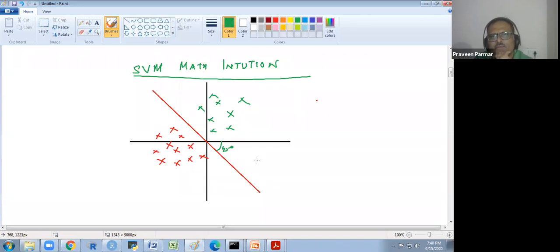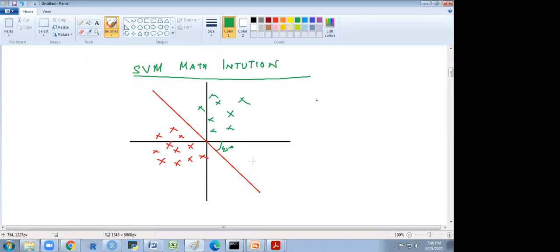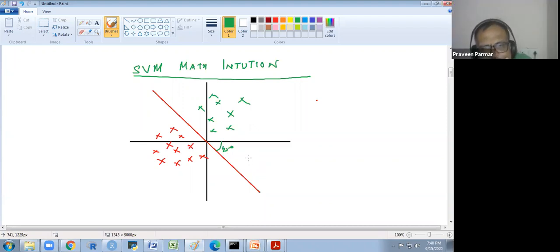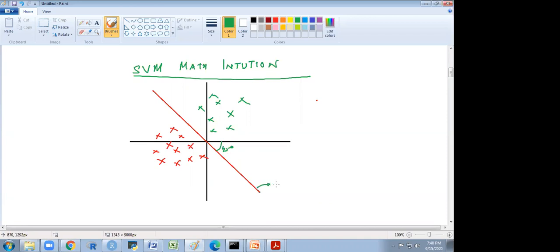Can someone tell me the slope of this line? Minus 1. Correct. The slope of this line is minus 1.